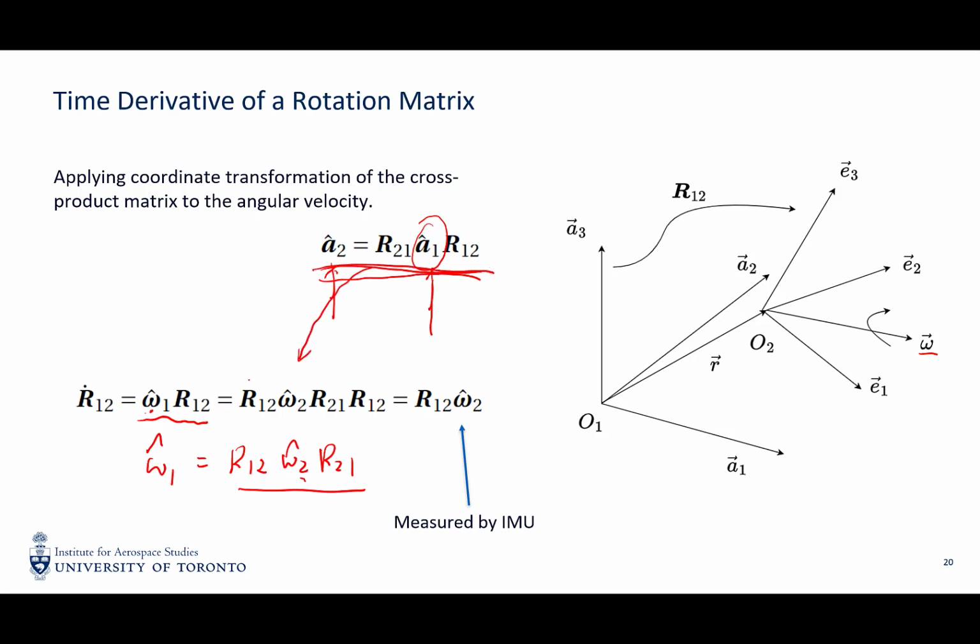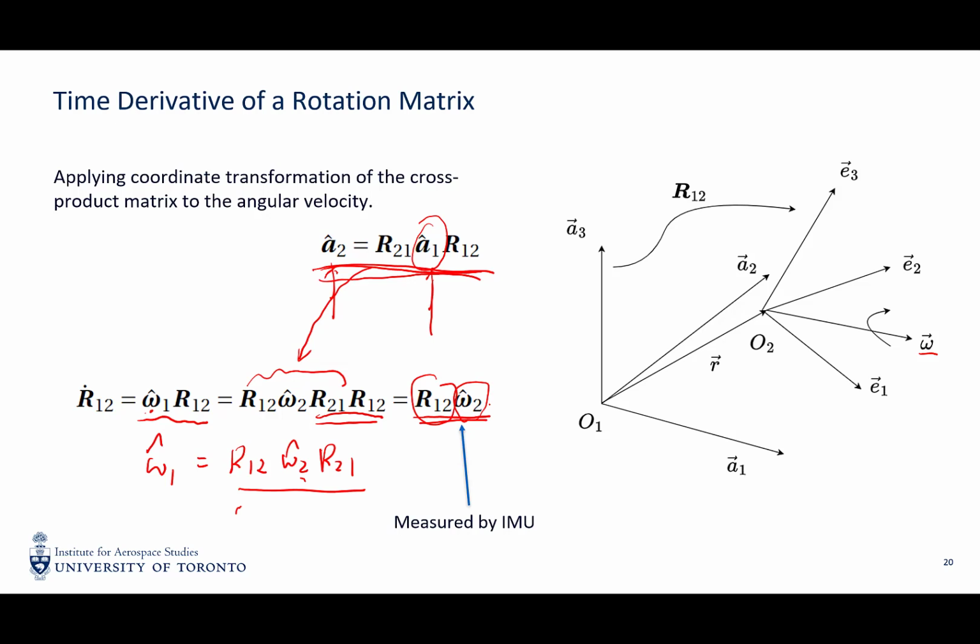By applying this, we get this component. The third term and the fourth term will cancel because these are inverse rotation matrices. So finally we get this result: the time derivative of R12 is equal to itself times the angular velocity expressed in the rotating frame.